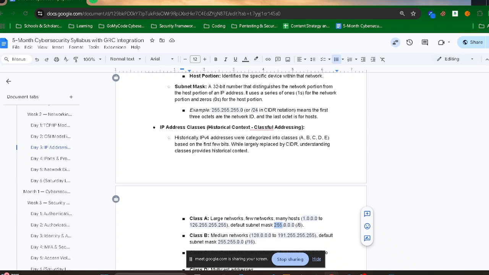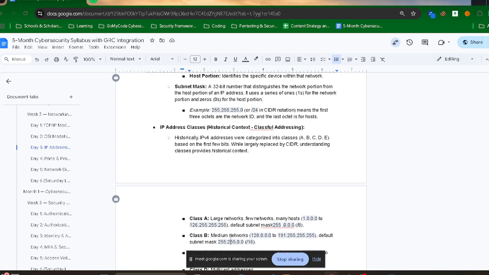Which means that only the first octet is identifying the network portion, while the others are zero, identifying the host portion.